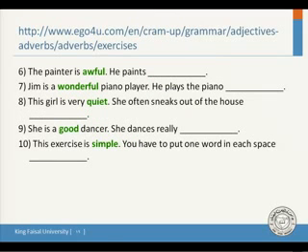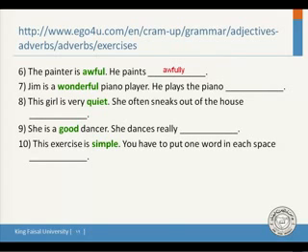We have more sentences from the same page. Can you try and do them? Okay. Number 6. The painter is awful. The painter is awful, so he paints awfully. Jim is wonderful.